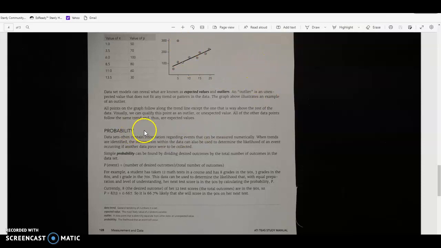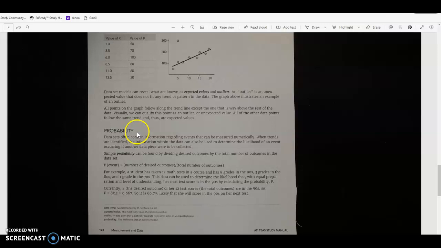The last thing we're going to talk about in this section is probability. Since data sets often contain information regarding events that can be measured numerically, when trends are identified, the information within the data can also be used to determine the likelihood of an event occurring if another data piece were to be collected. If you take a statistics class, you're going to be doing a lot with probability.